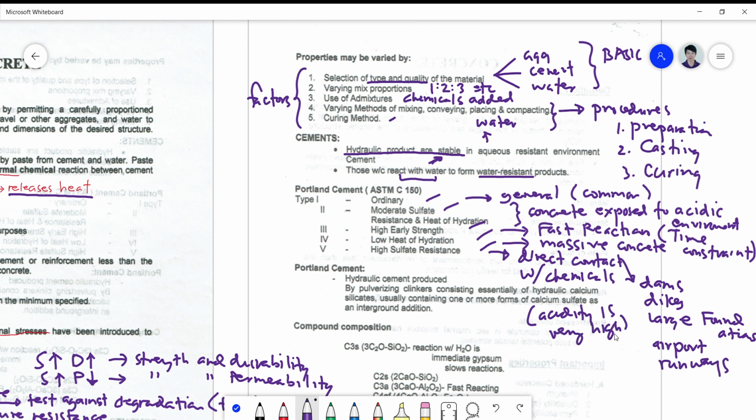This causes your concrete to deteriorate too much, so you need a high sulfate resistant cement.